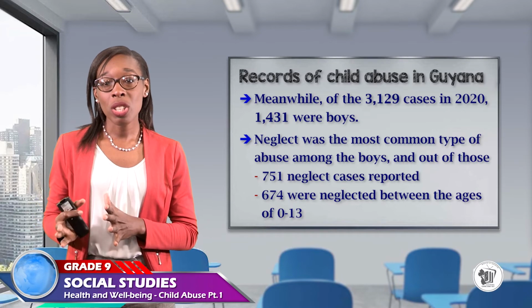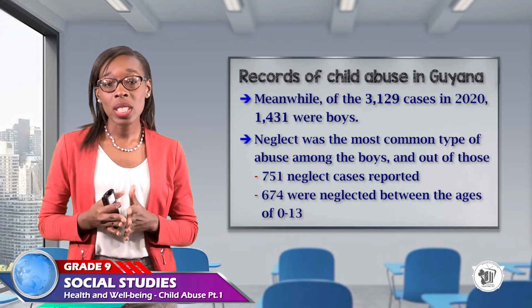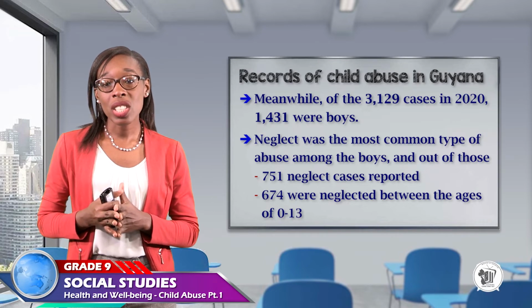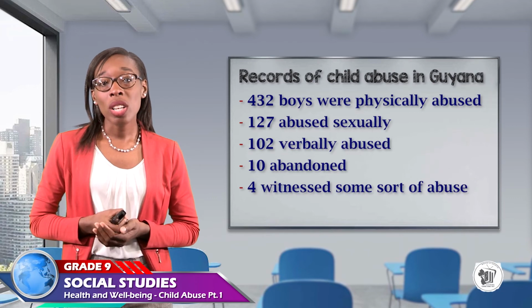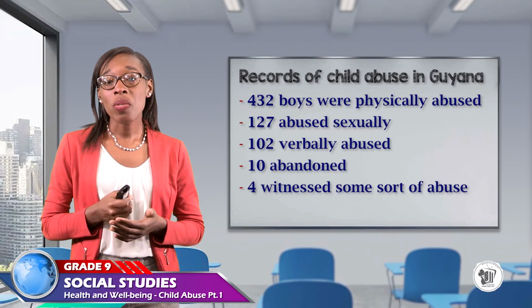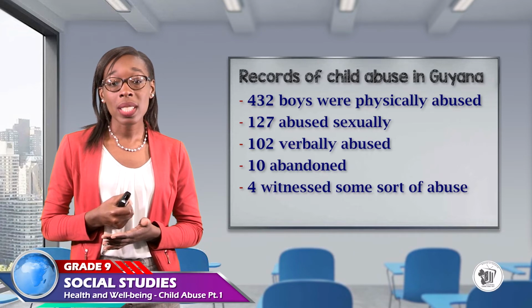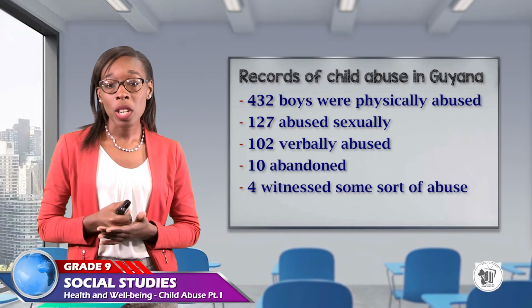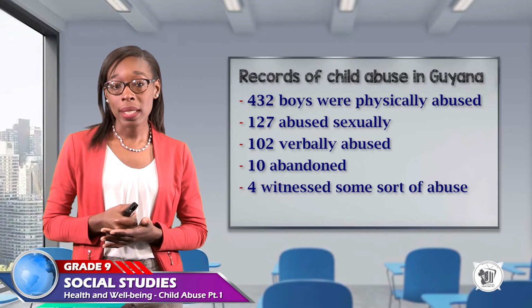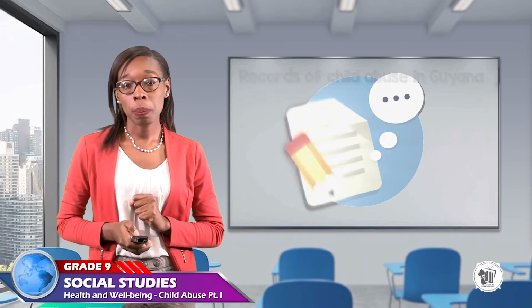Of those 751 cases, 674 were between the ages of 0 to 13. 432 boys were physically abused, 127 abused sexually, 104 abused verbally, 10 abandoned, and 4 witnessed some sort of abuse.